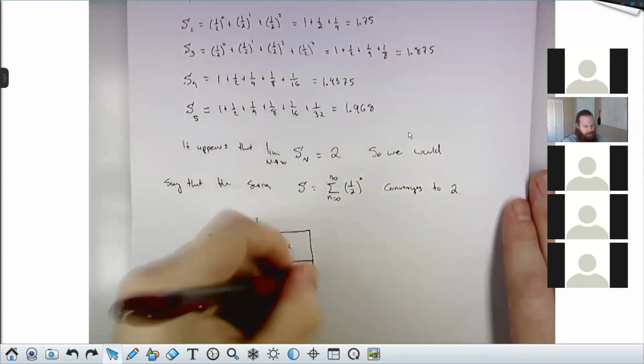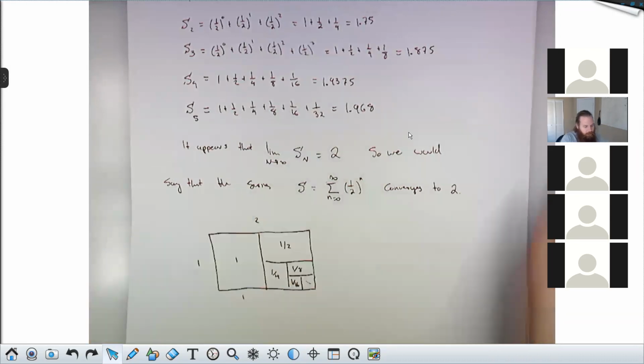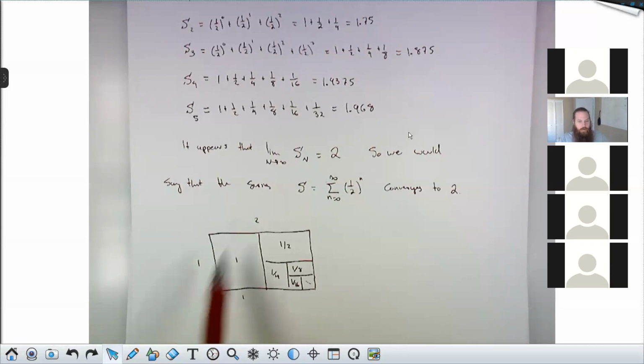So if you let this pattern continue on and on and on forever, you get 2 ways of interpreting that area, one of which is obviously 2, and the other one is my infinite sum. This is why we call geometric sequences geometric, because they can be thought of as coming from geometry, like this.